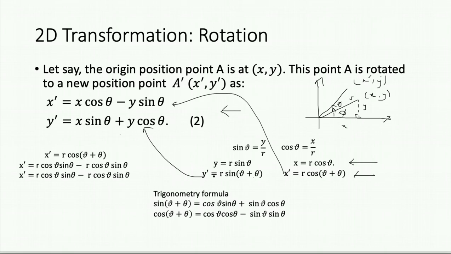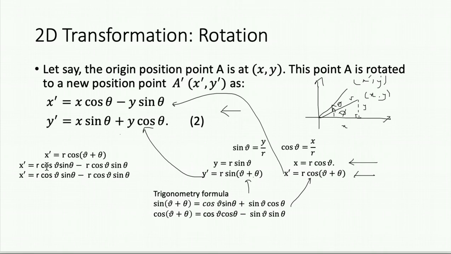To rewrite this into equation 2, we can use our knowledge of trigonometry formulas. So we can use this formula and replace this long equation with this one. For x prime, it is cos, so I take this one.